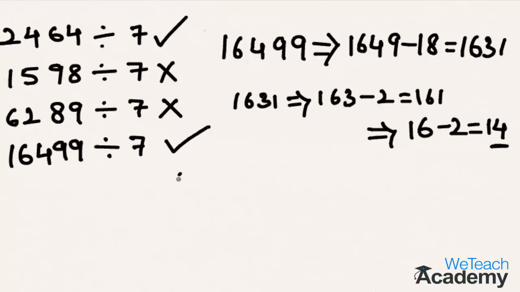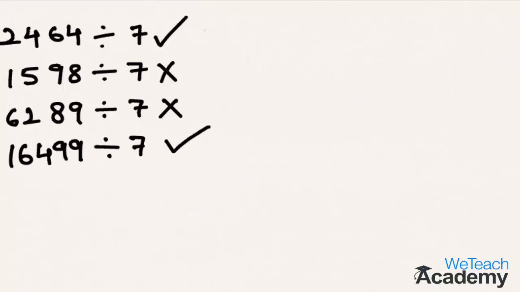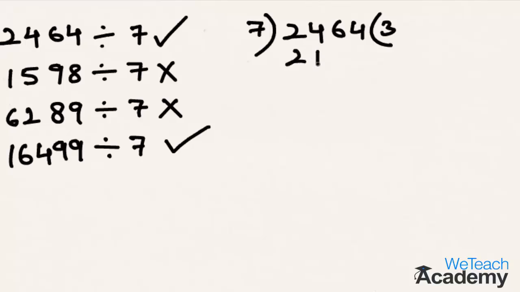Now, let us check this concept by dividing each number by 7 to know whether these numbers are exactly divisible or not. Coming to the first number, which is 2464 divided by 7. 7 3 times is 21 and the difference is 3.